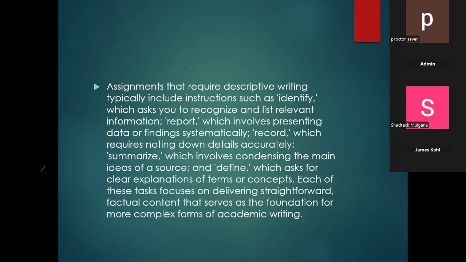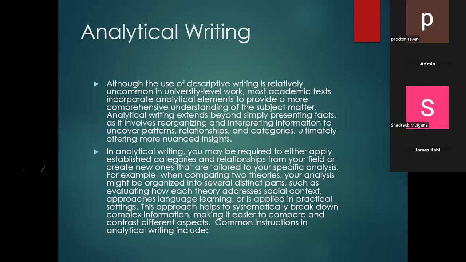These are very simple things where you just restate something. We just summarize the features of something. It is not very difficult to summarize something, and that's why it is the simplest form of academic writing.